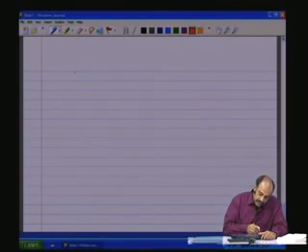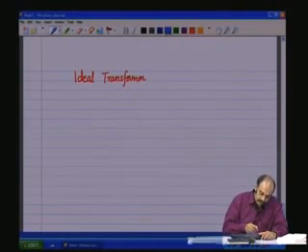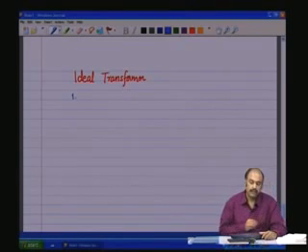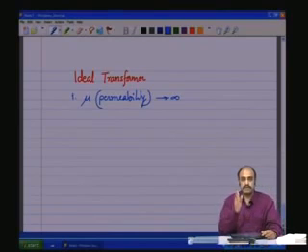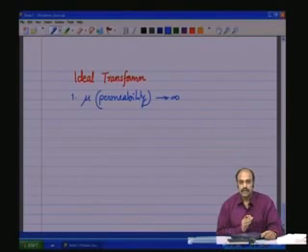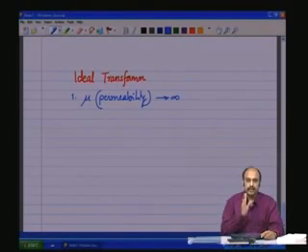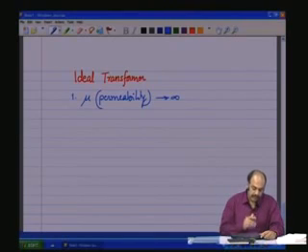So, for an ideal transformer, the following features exist. One is the permeability mu tends to infinity, which makes the BH curve's slope at 90 degrees, that is along the vertical axis.